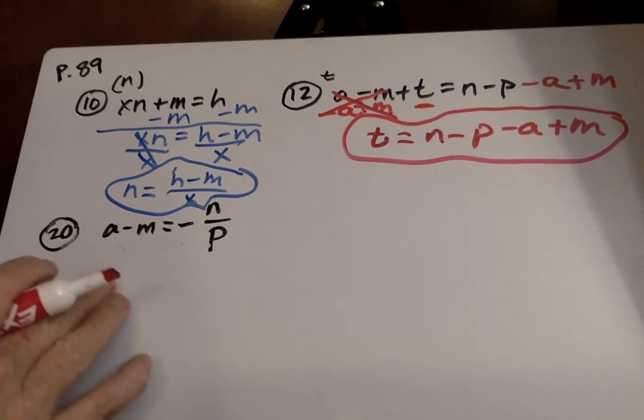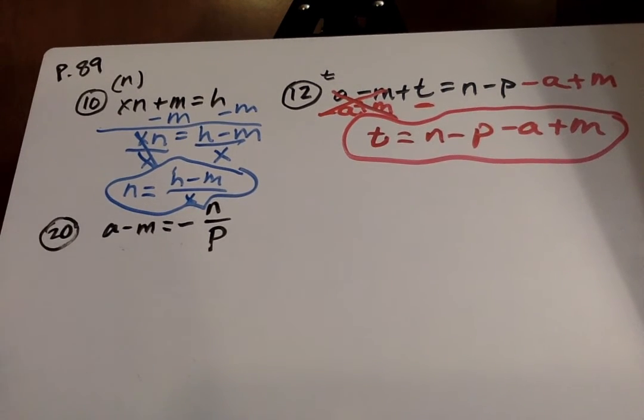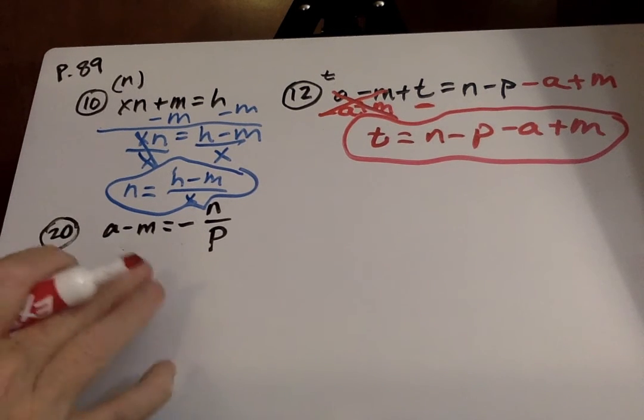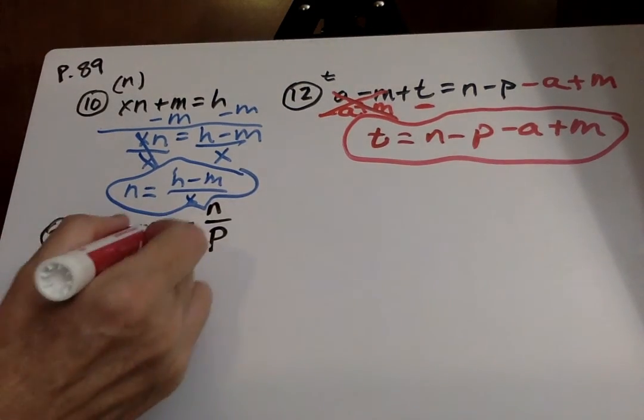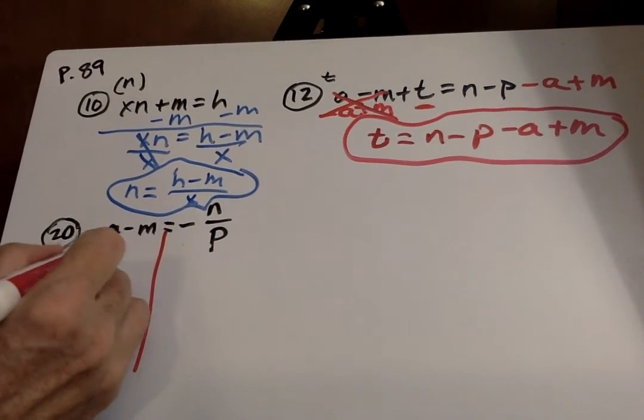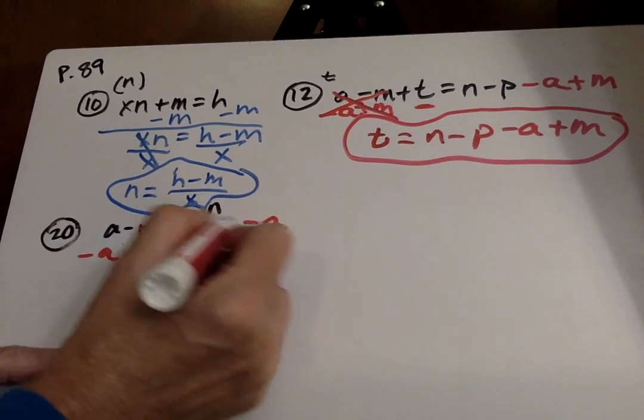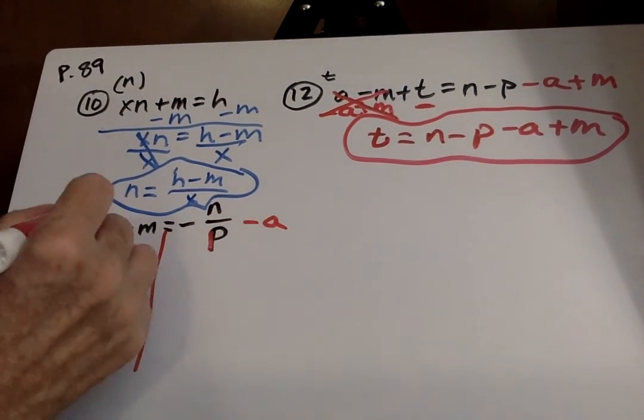Okay. This one, number 20, we are supposed to solve for m right here. So again, this looks kind of hard, but it's not bad at all. Okay, I'm going to go minus a, minus a. I cannot combine it with anything there.